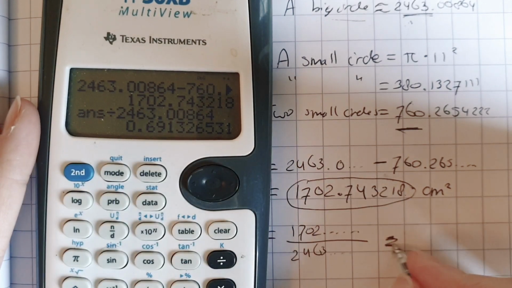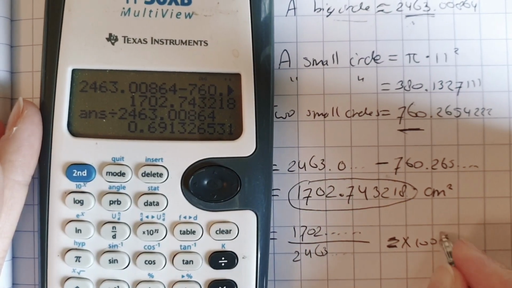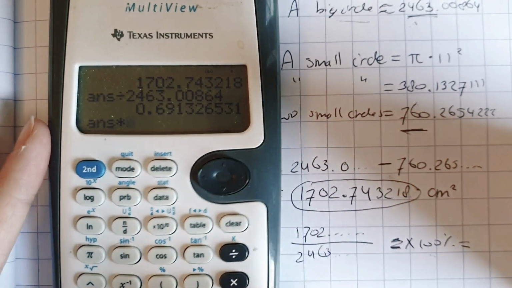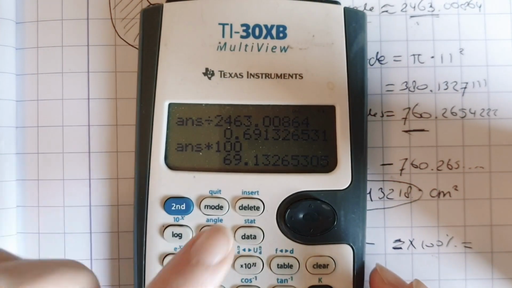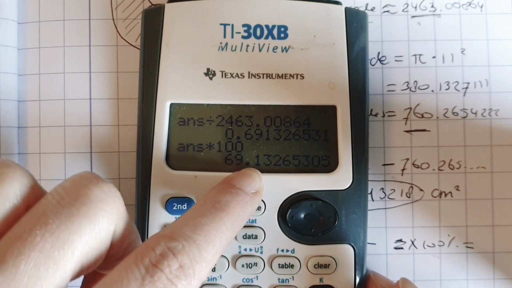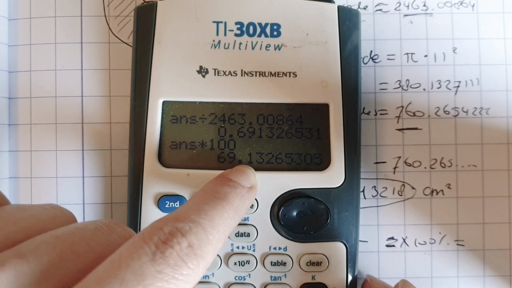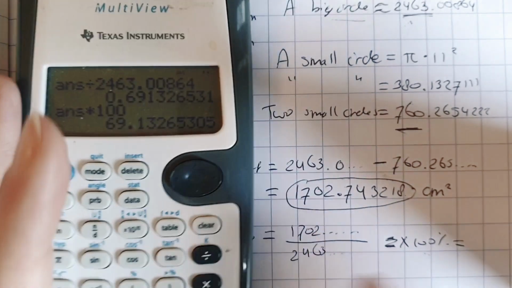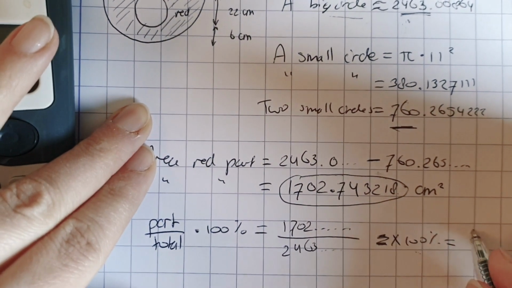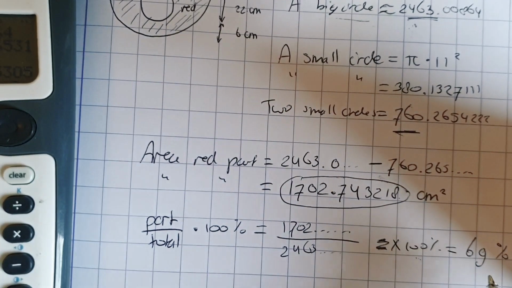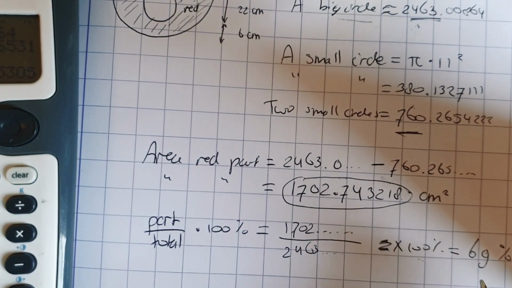I'm going to do times 100 right away, because I'm going to change it into a percentage. Times 100 is 69.1. How do I have to round off? Let me check the exercise. Whole number. Okay, so it's just 69. So that's 69% is covered with a red color.